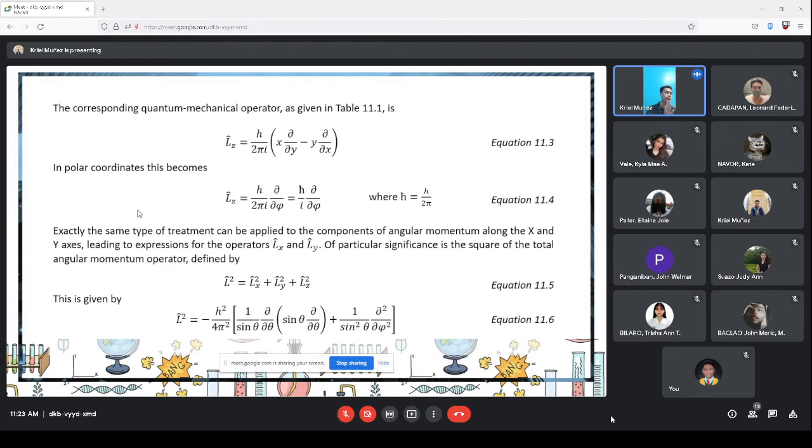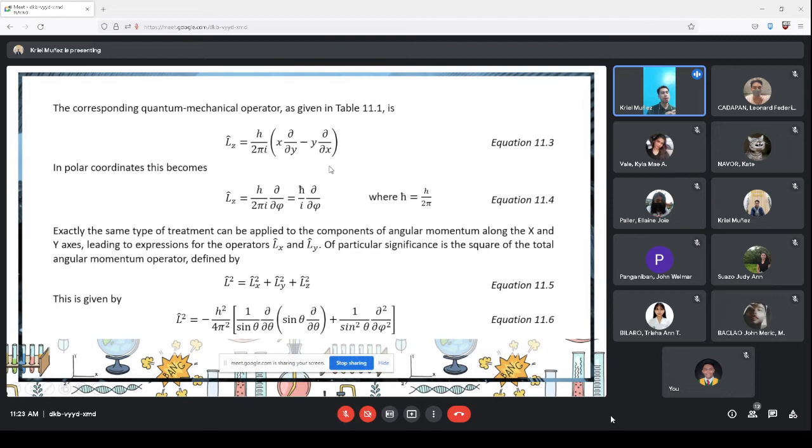Of particular significance is the square of the total angular momentum operator, which is the summation of the squares of the angular momentum along the x, y, and z axes. So L hat square is equal to L sub x hat square plus L sub y hat square plus L sub z hat square. This is given by negative h squared over 4 pi squared.